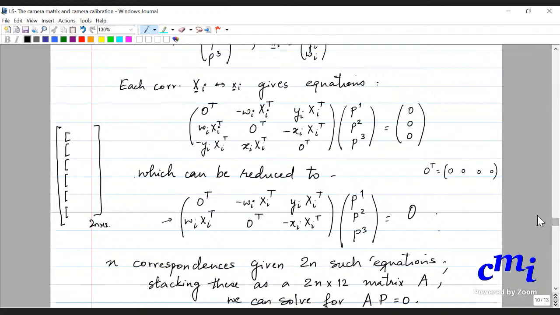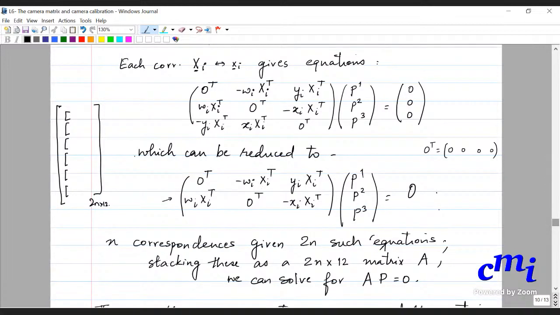Okay, so the minimum number of equations that we require is 6. Sorry, minimum number of correspondences we require is 6. Okay, but in practice, the more correspondences you have, the better it is, because you will be using a least squares method to solve it.